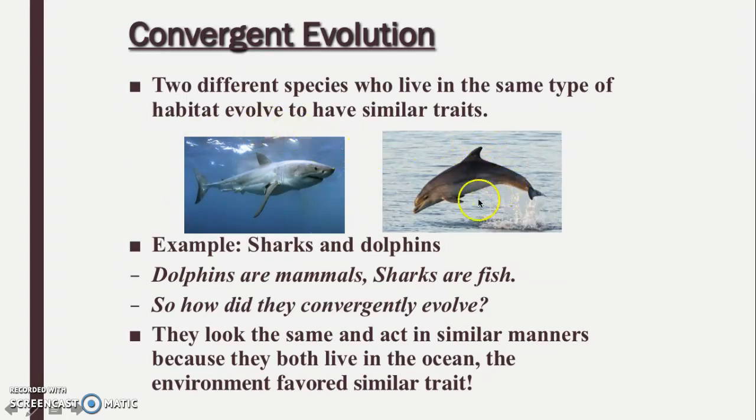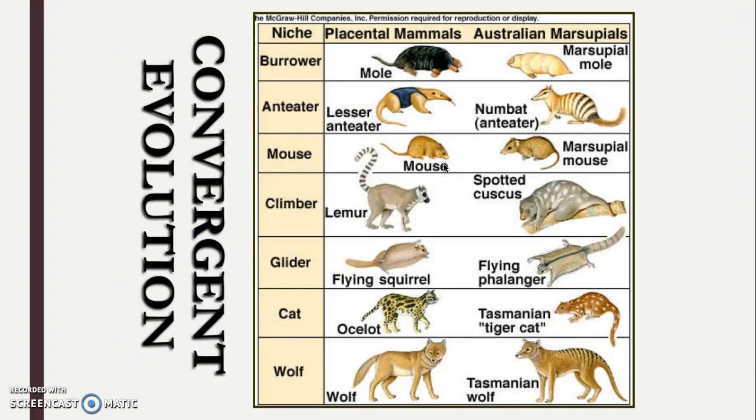So if an individual were better able to swim or better able to catch fish, that organism would survive better than a cousin, let's say, who's less able to do those things. So they became more and more similar over time, just selecting for characteristics that would do well in that situation. Now there's a whole heck of a whole lot of these examples.